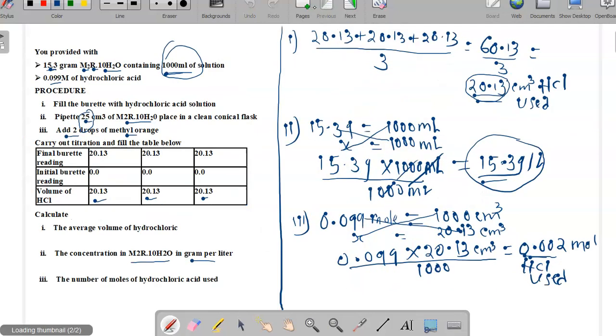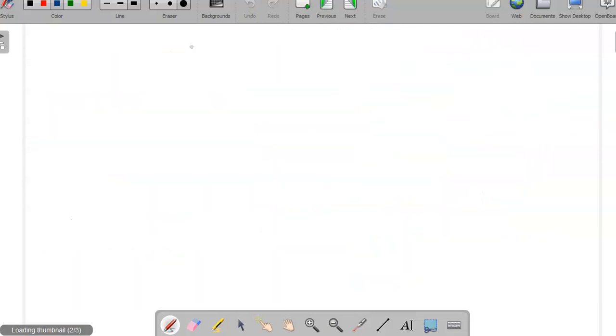Then you take the whole compound. That is, you will say M2R with 10 molecules of water is equal to the total RFM that we have obtained, 383.